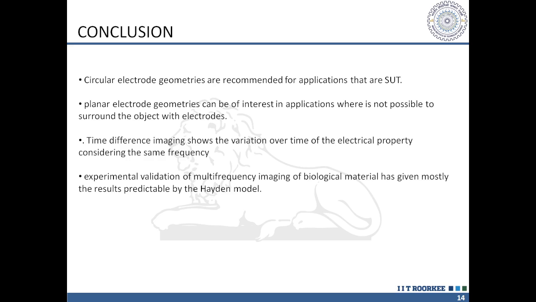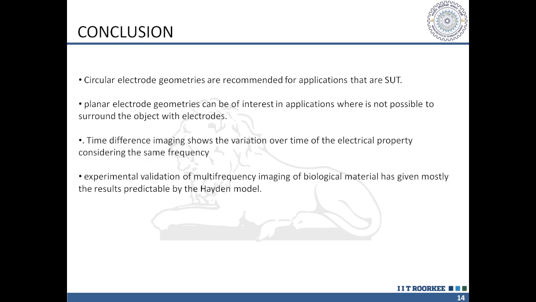And multiple frequency imaging also gives very beneficial output, very different types of images. That is really a good sign for this research, because some tissues may not conduct at one specific frequency.